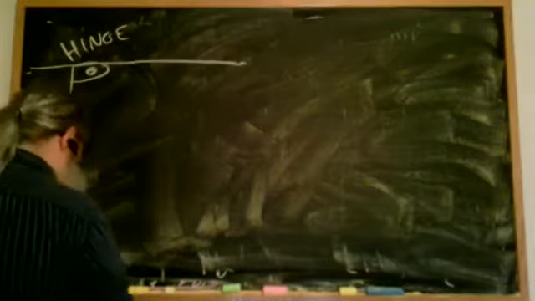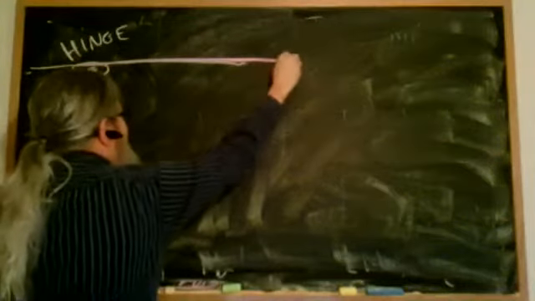So let's go back to the rod on the hinge. So I have some arrangement like this where I've got a hinge. And let me color the hinge slightly different so we can see it distinct. So I got the rod.